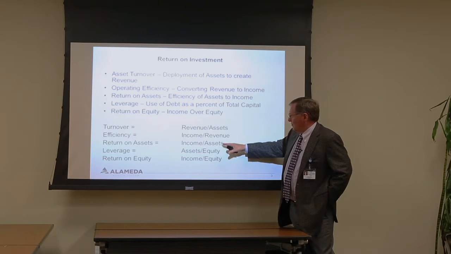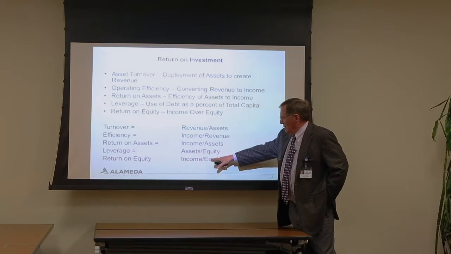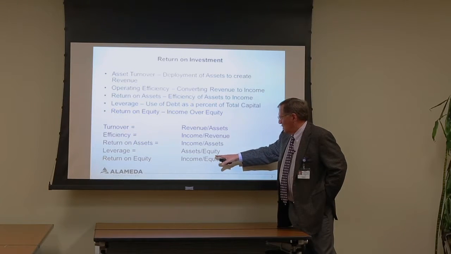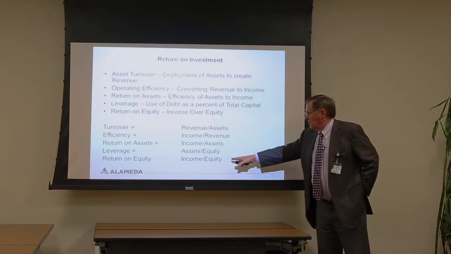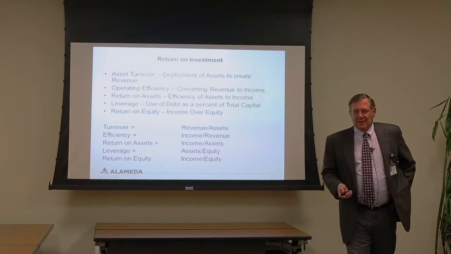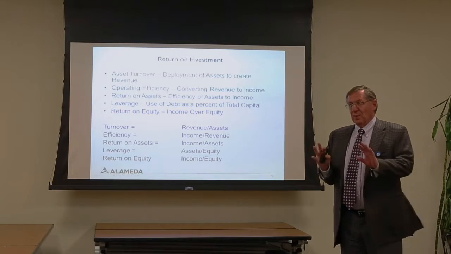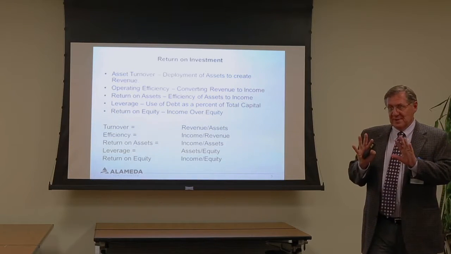Okay, and if you multiply these two things together, you get that equation because you cross out assets, and get income. Okay, which is good. Okay, so far so good. Don't worry, we're going to go through this in detail so you can see it.